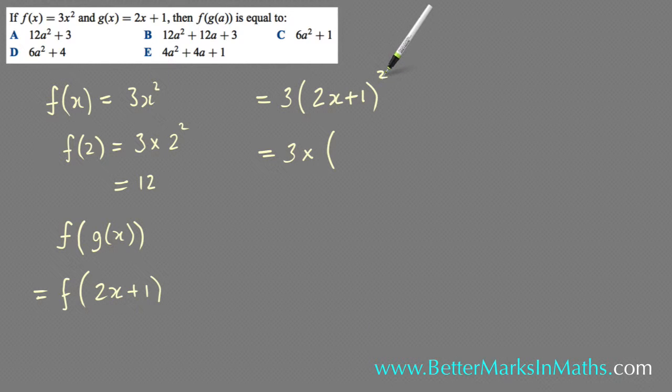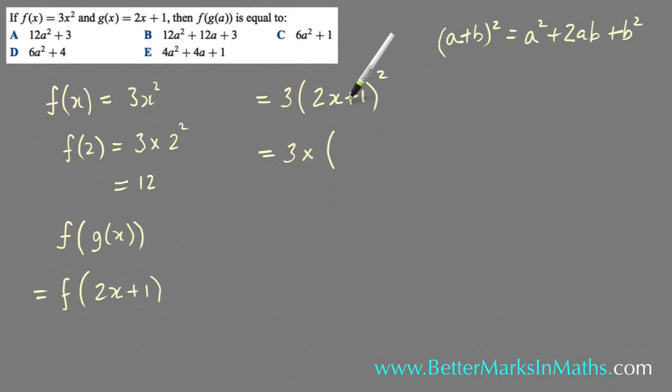And then expanding the brackets using the rule that (a plus b) squared equals a squared plus 2ab plus b squared. So first term squared will give you 4x squared. And then it's 2 times the first term, 2x, and then times the last term, 1, and then plus 1 squared.